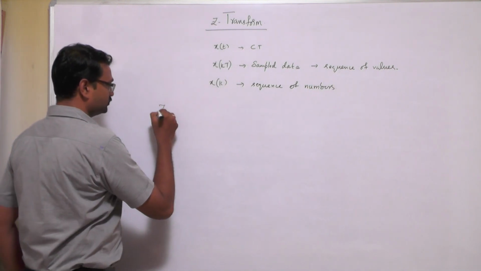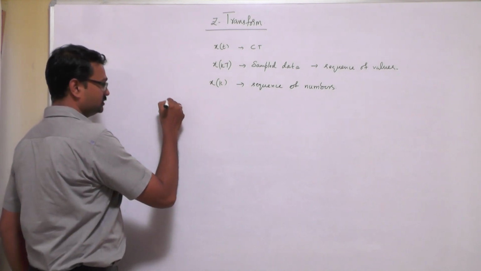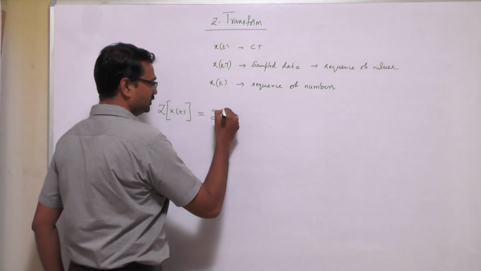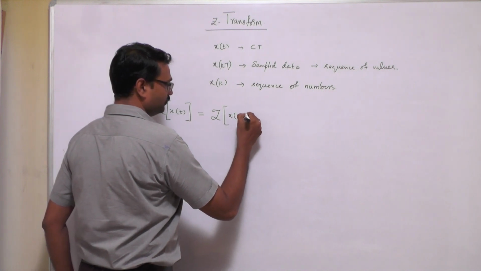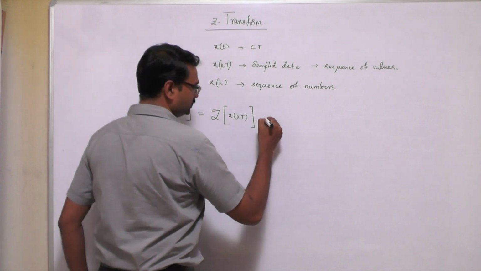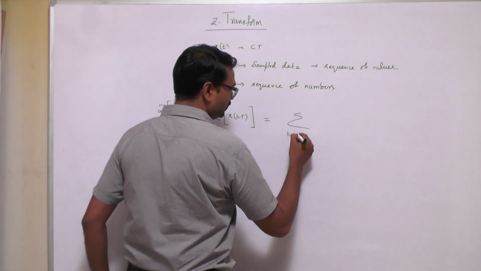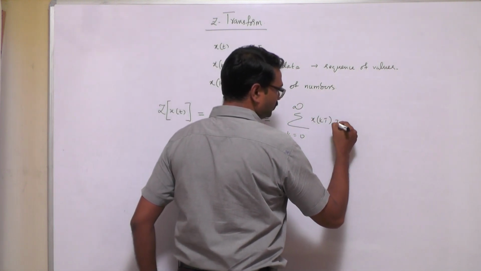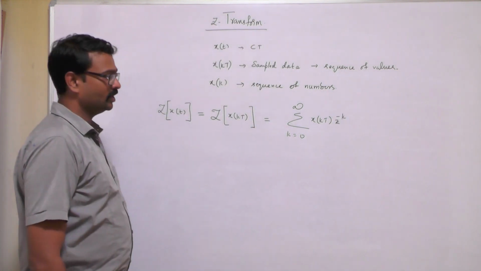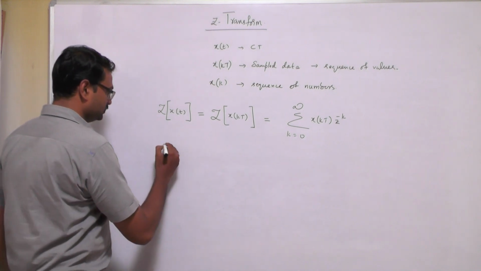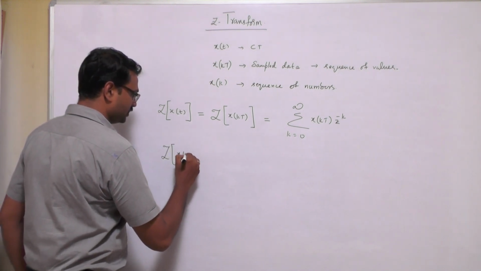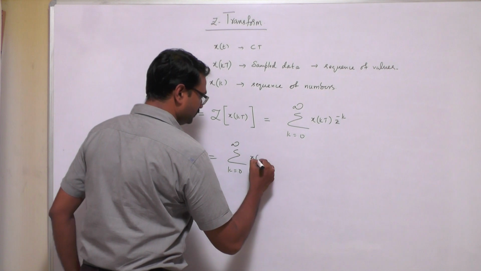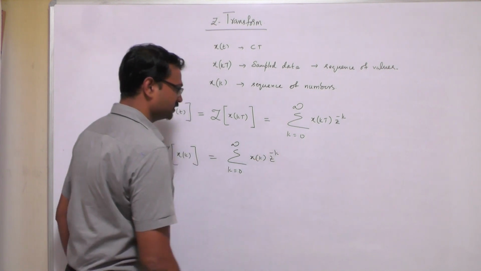That is, the Z transform of x of t can also be represented as capital Z of x of kt, which by definition is sigma k equals 0 to infinity x of kt z power minus k, or the Z transform of x of k is sigma k equals 0 to infinity x of k z power minus k.